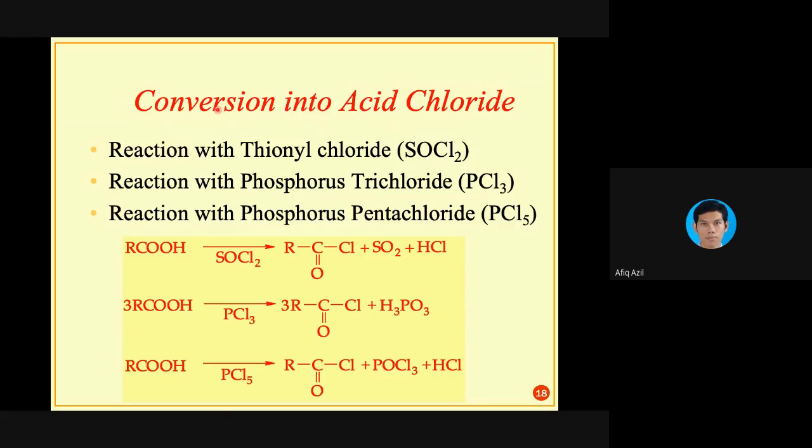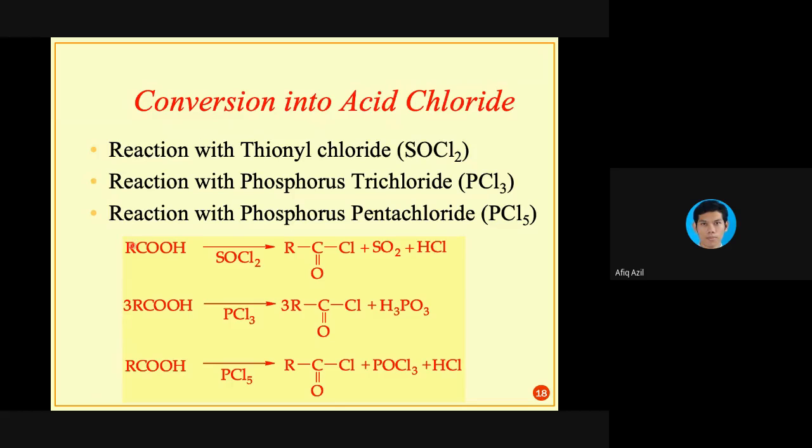One is by using thionyl chloride, SOCl2, and you can also use phosphorus trichloride, PCl3, or you can also use phosphorus pentachloride, PCl5. There are three reagents which you can use to convert carboxylic acid into acid chloride, but all of them have different reaction pathways, so the byproduct will be different.